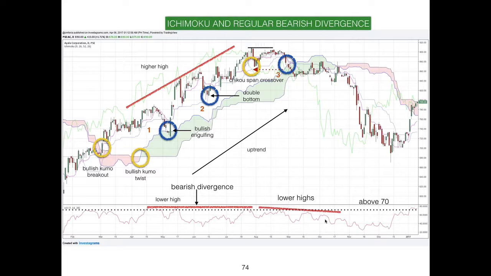So the second was the double top. There was a bearish Kumo crossover at this point.